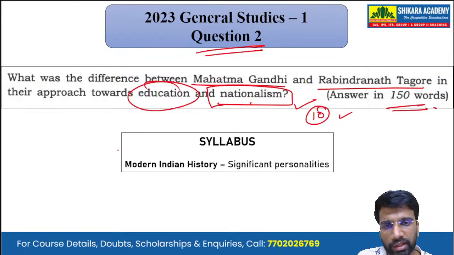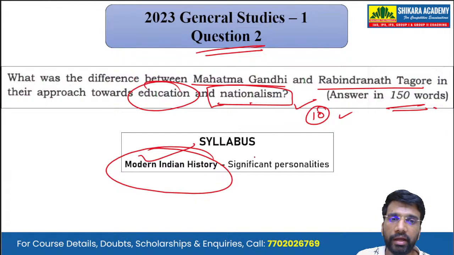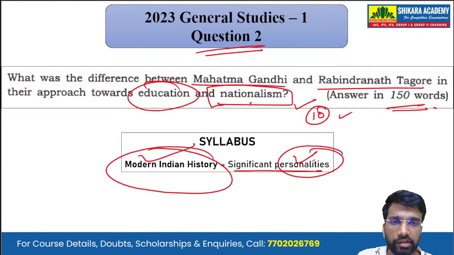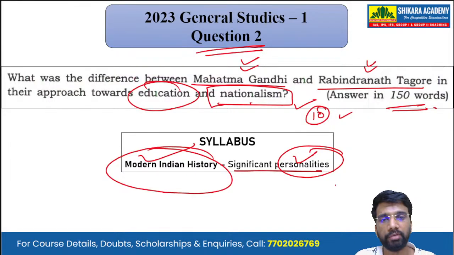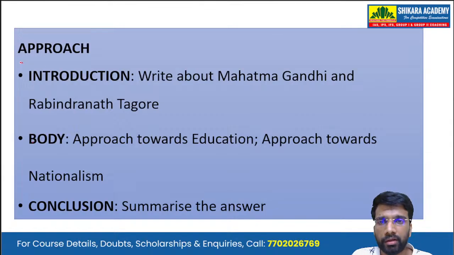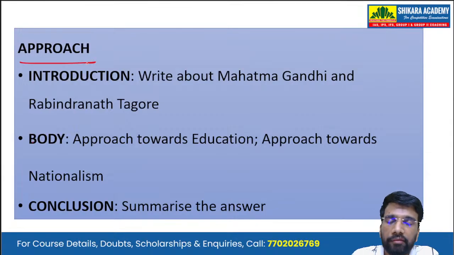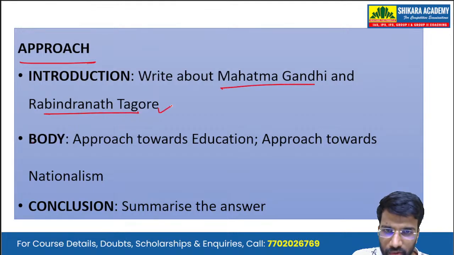Mapping it with the syllabus, we can see that it has been asked from modern Indian history, and the topic is significant personalities. That is, both Mahatma Gandhi and Rabindranath Tagore were very influential personalities during the freedom struggle. Then, starting with the approach, in the introduction we will be writing a brief line about both of them.